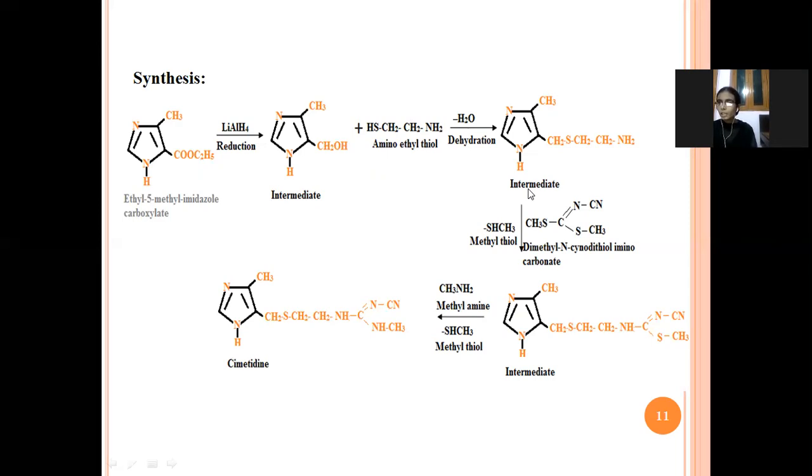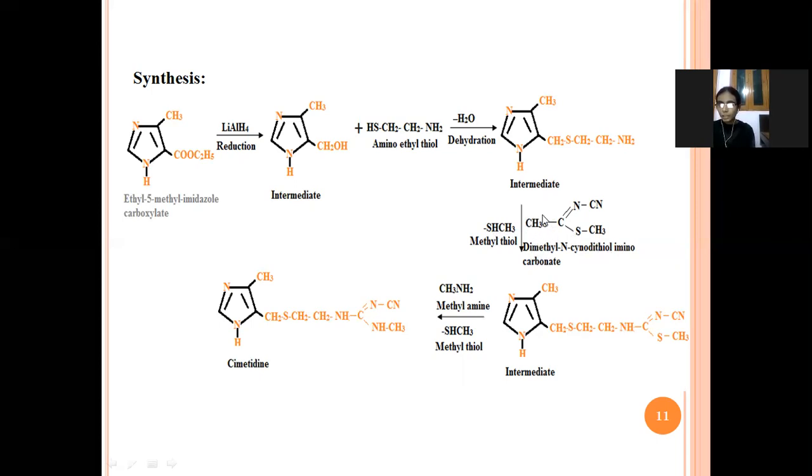So when the intermediate product B is reacted with dimethyl N-cyano-thiol carbonate, the methyl thiol is eliminated. SHCH3, see here. So from dimethyl N-cyano-thiol carbonate, the CH3S will get eliminated.